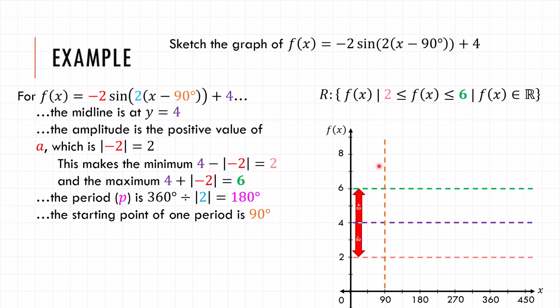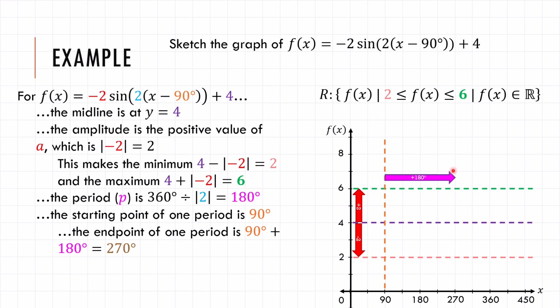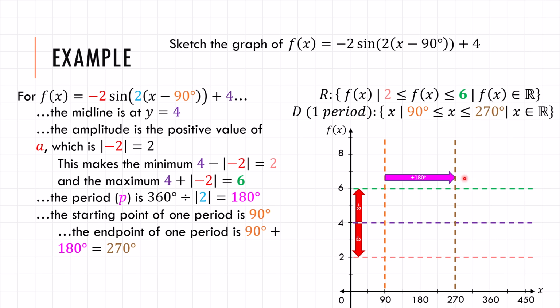And then one period later, if I add 180 degrees, one period later would land me at 270 degrees. And that's the end of one period. So it starts here, it ends here. This is the lowest it gets, and this is the highest it gets. And so that tells me the domain of just one period is x, such that x is between 90 and 270 degrees.